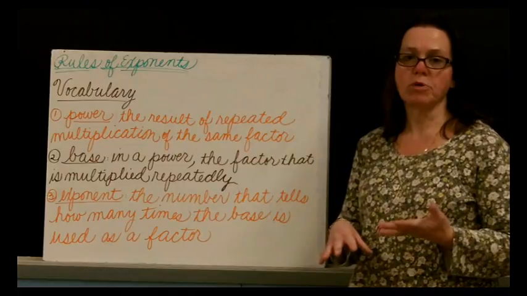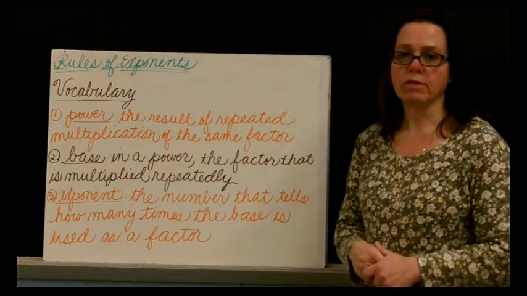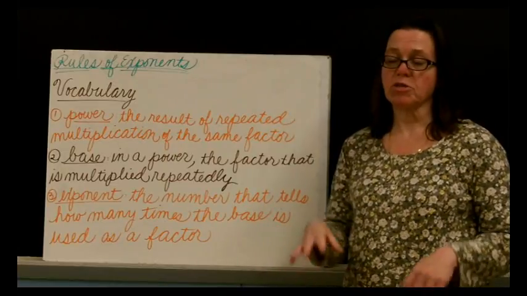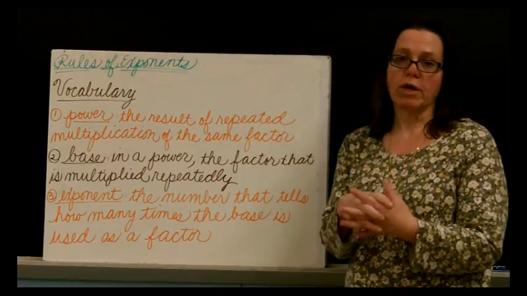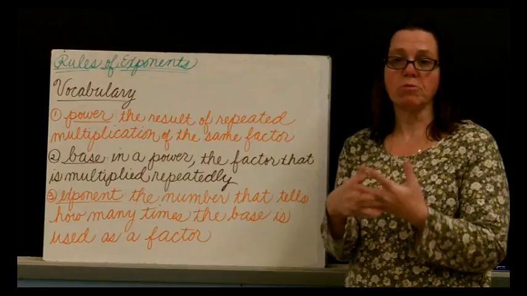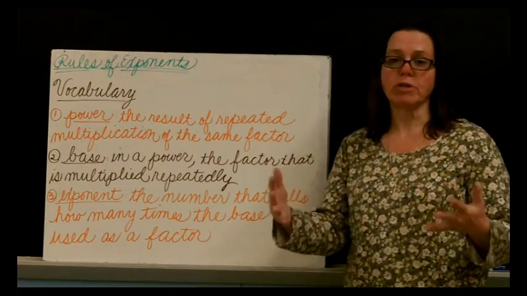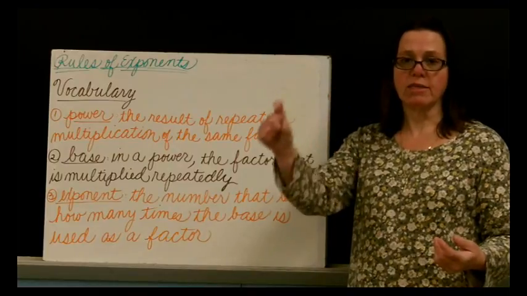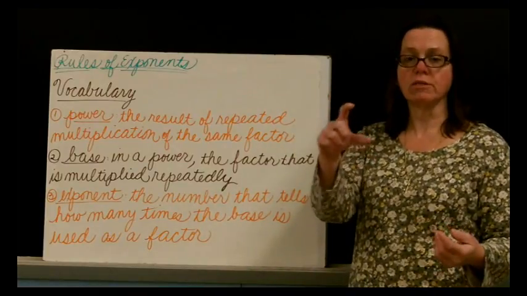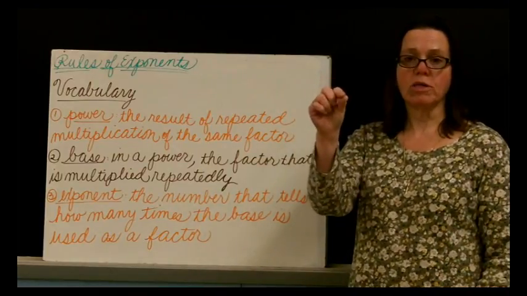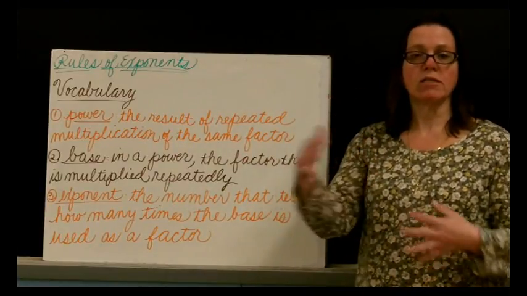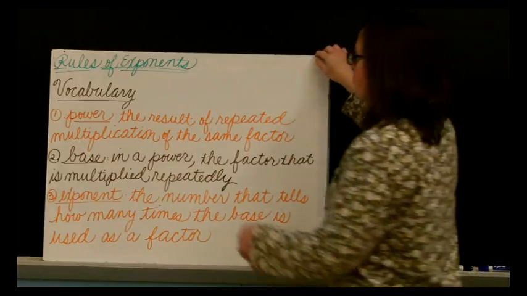As I've explained in previous lessons, whenever you see a power, we are multiplying. So a power is a representation of a multiplication expression. The one number that gets multiplied, that is every single factor, is the base number. And the exponent tells us how many times that factor gets multiplied by itself.